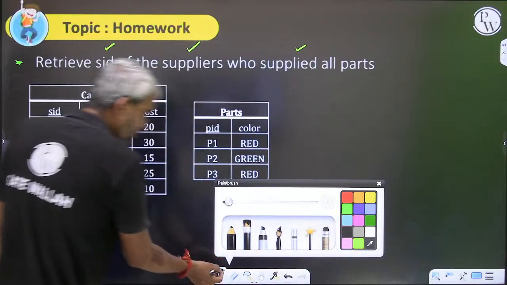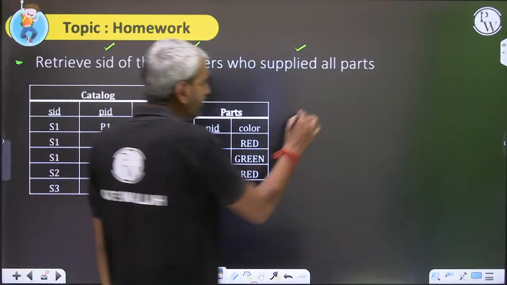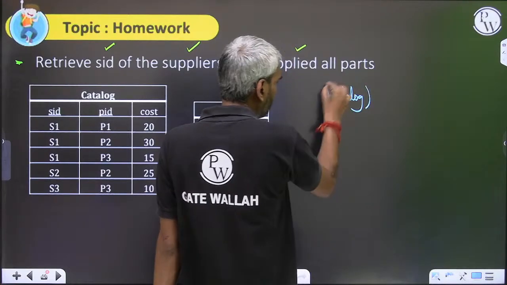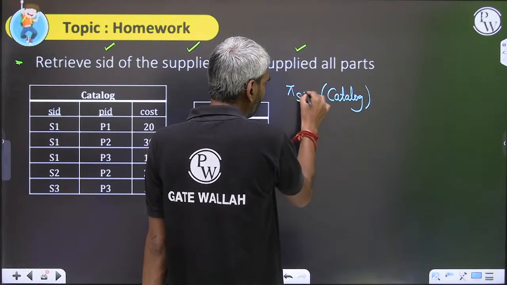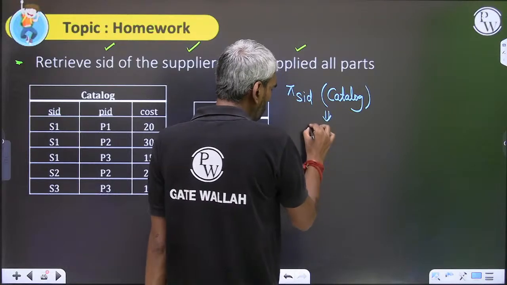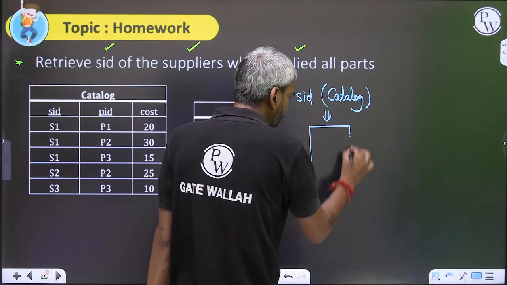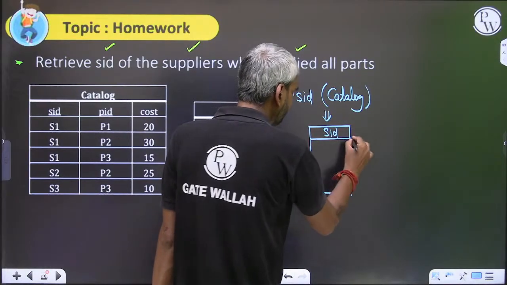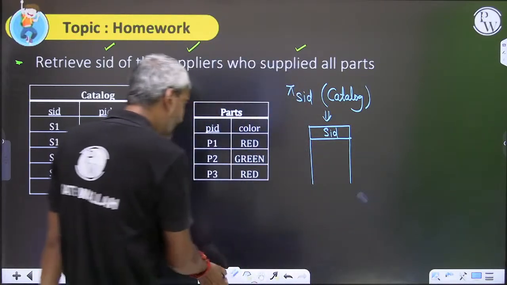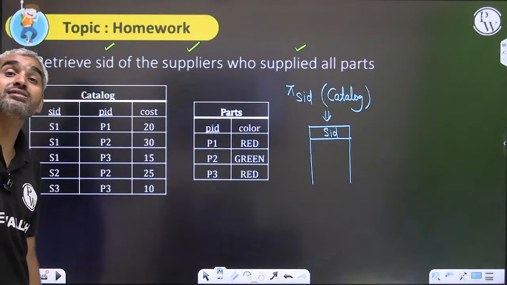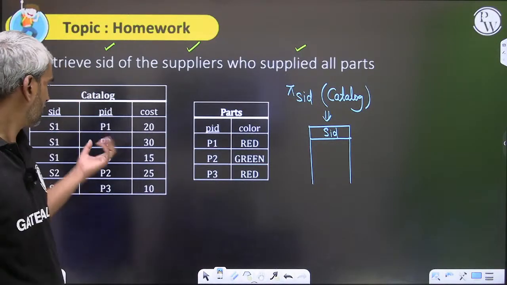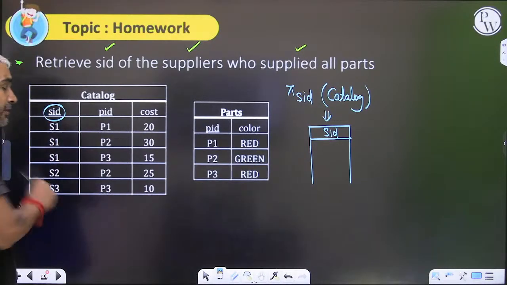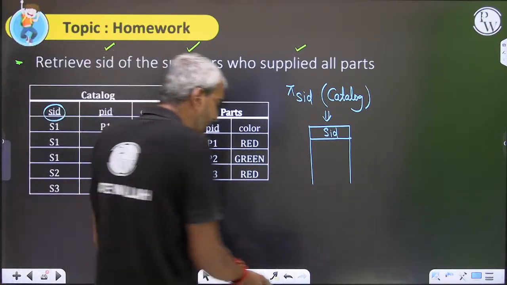So let me first write something. If from the catalog table I project SID, then what am I going to get? I'll get the SIDs of the suppliers who have supplied some parts. I don't know how many parts of what type, but if an SID is present in the catalog table, then that particular supplier must have supplied some parts.